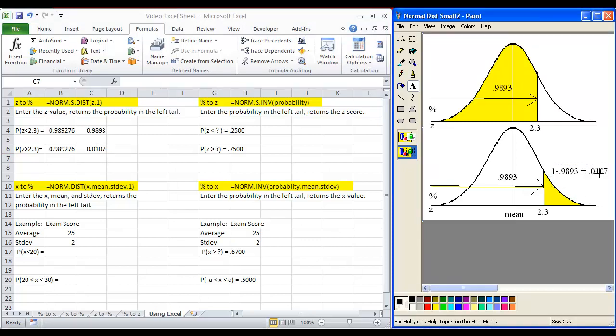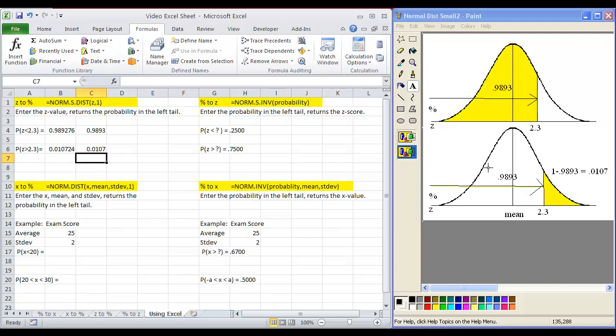So there's a 1.1% chance that our value is going to be above 2.3. So if you're doing a greater than, your answer is going to be equals 1 minus Norm.S.Dist with your formula, because you needed to convert it over to a left tail.